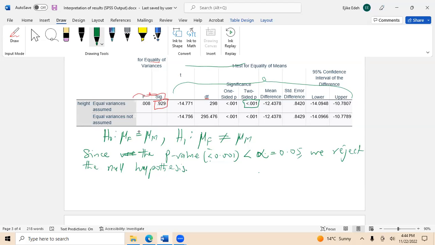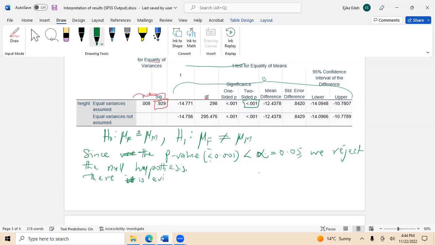Okay, reject the null hypothesis. And when we reject the null hypothesis, what do we conclude? The null hypothesis says that the average height for male is equal to the average height for female. Now we rejected that, so we're going to conclude in favor of the alternative. So we conclude by saying there is sufficient evidence. So let's write that very well.